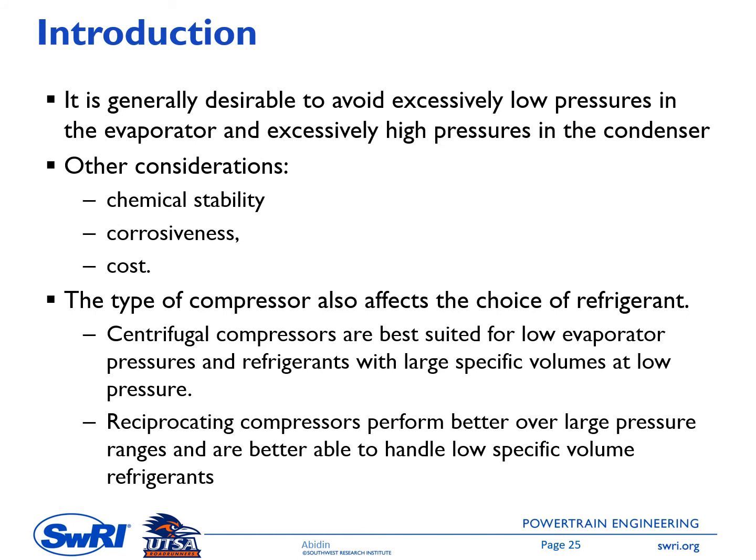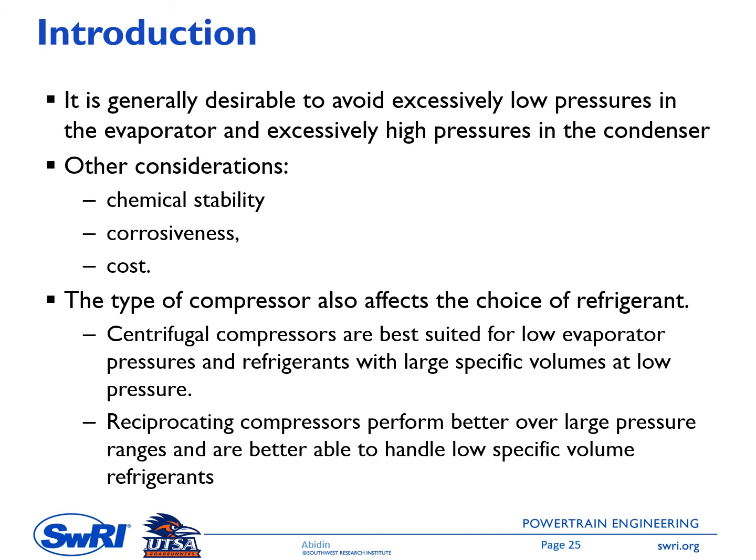And then it is generally desirable to avoid excessive low pressure in the evaporator and excessive high pressure in the condenser. So first of all, from the performance perspective, when we have a wider pressure range, it means we might need higher compressor work. And then if we have excessive low pressure, the propensity for leaking is higher.